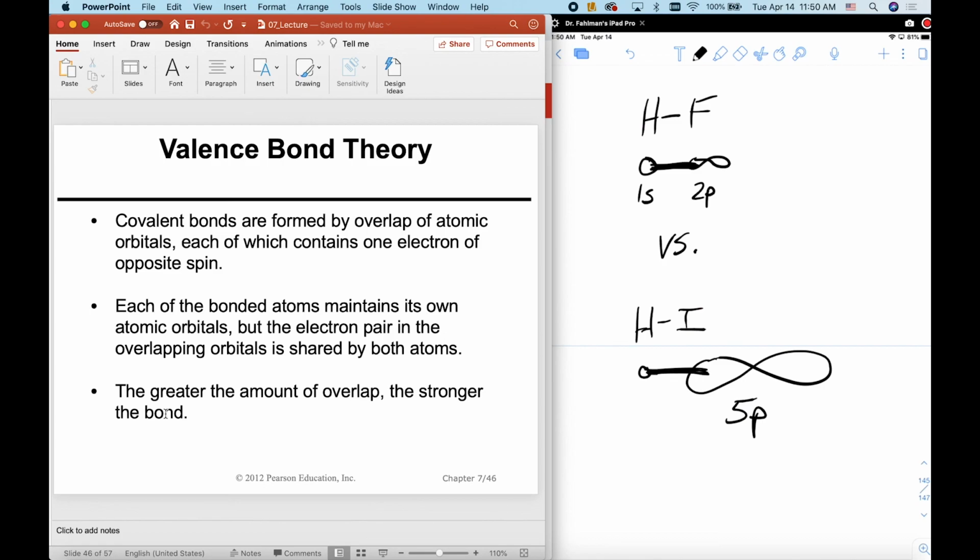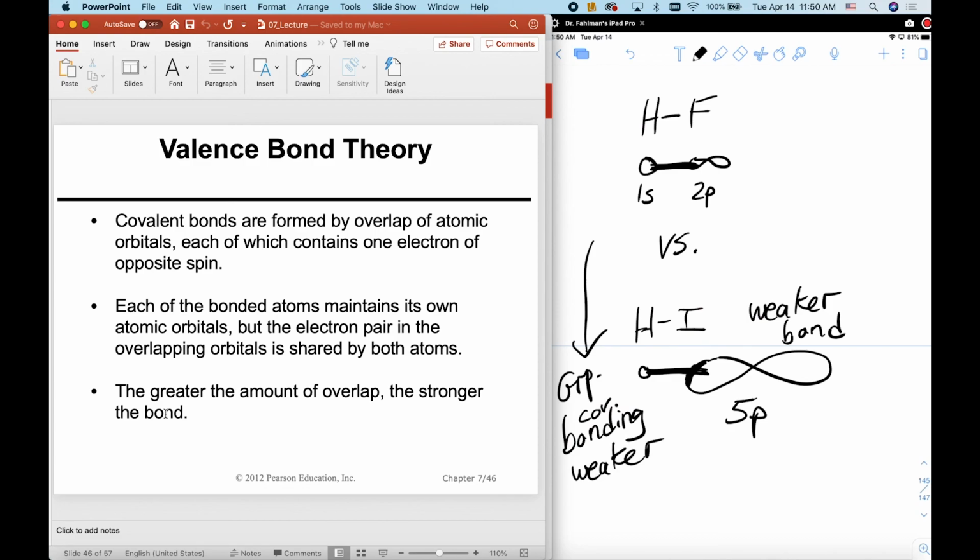That overlap is not as strong, right? It can only overlap just in this area here, and so this is a weaker bond. So as you go down a group, the covalent bonding is weaker, and that is just weaker overlap between bigger orbitals.